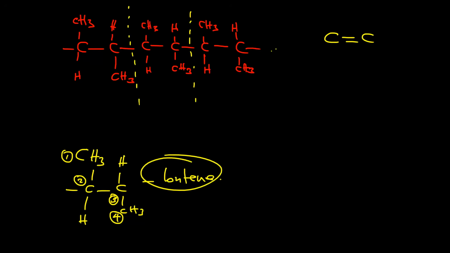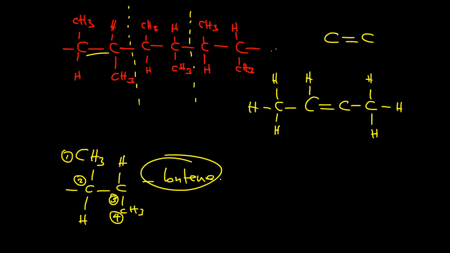Now, if you look at it, it was a butene like this, which means on this side there's a hydrogen here, a carbon that is like this, because the double bond is in the middle. Then butene, is it 4 carbons? 1, 2, 3, 4. Yeah. Here also like that.